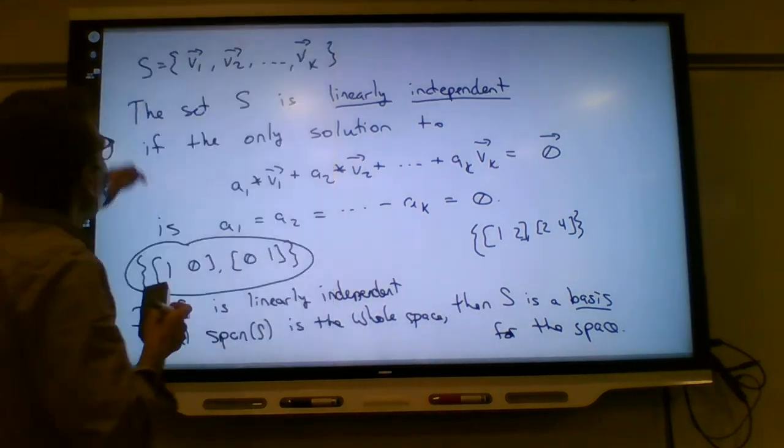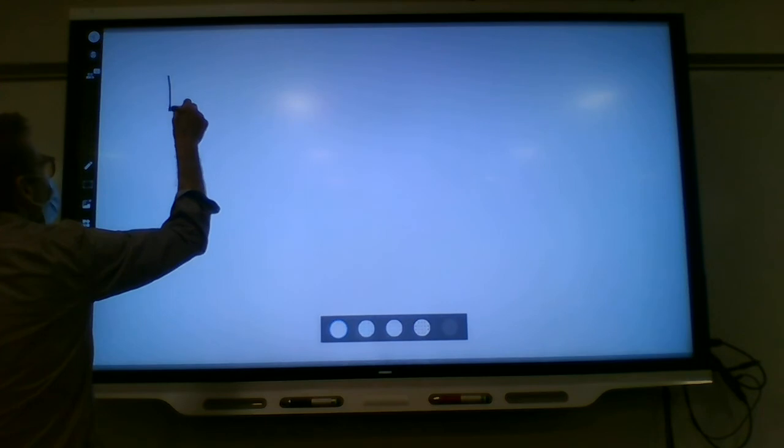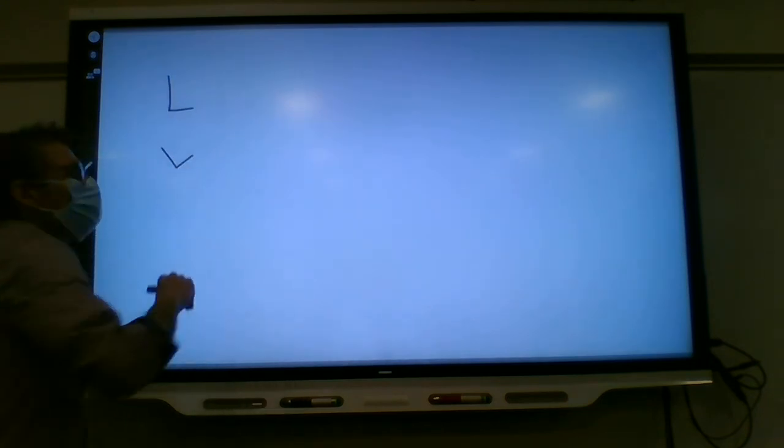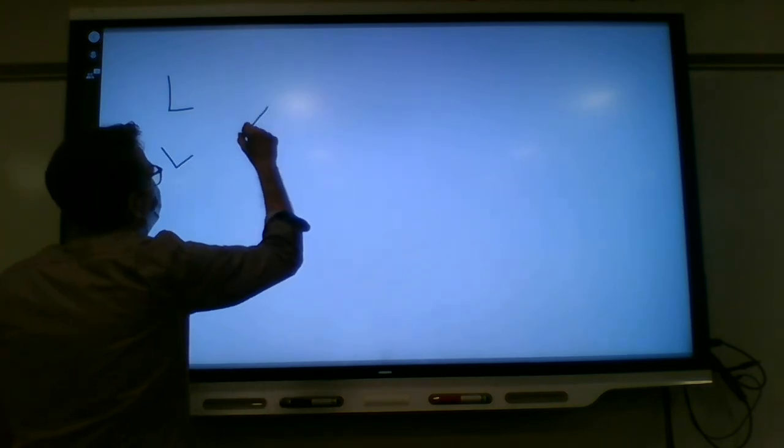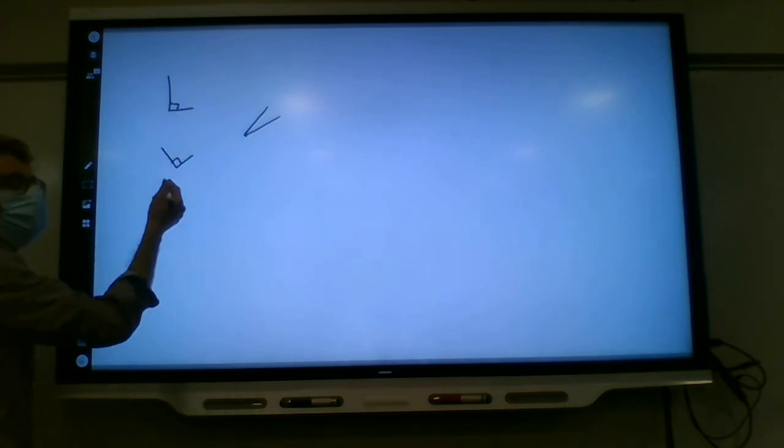In a basis for two-dimensional space, usually, again, we're looking for things that are perpendicular to each other. But sometimes there are scenarios where we have skew kind of things, where you have a weird coordinate system like that, and that still works. That's still okay.